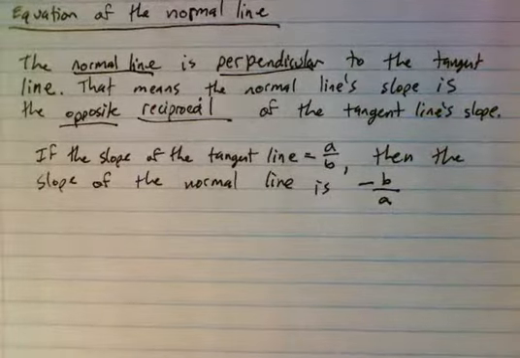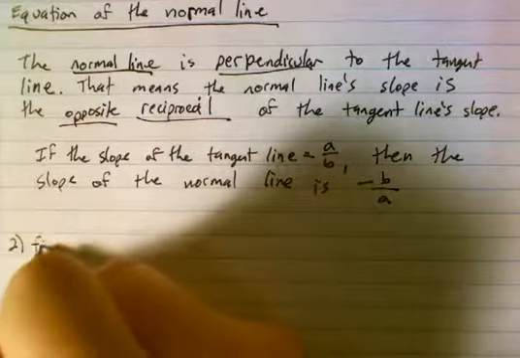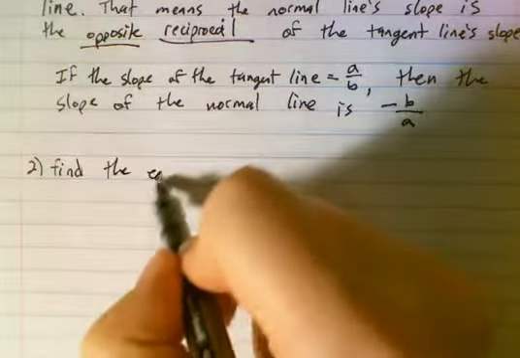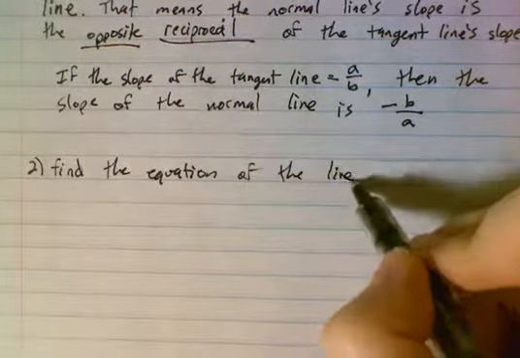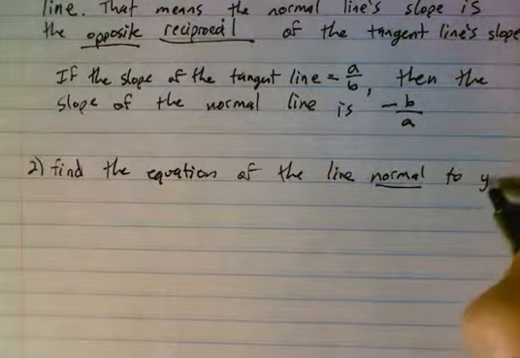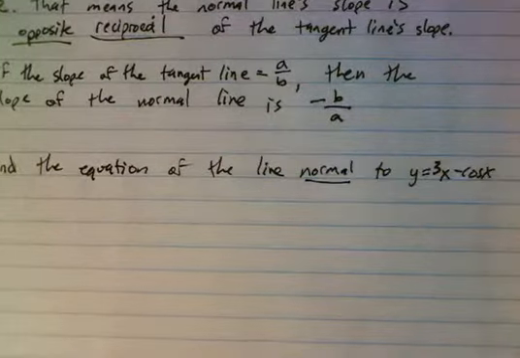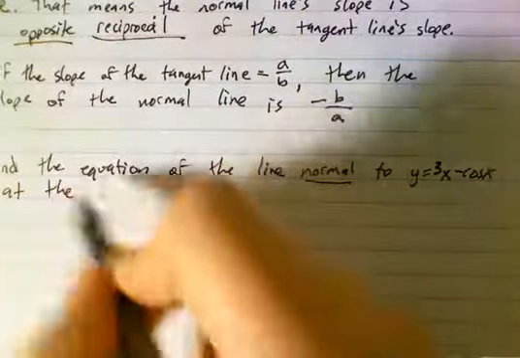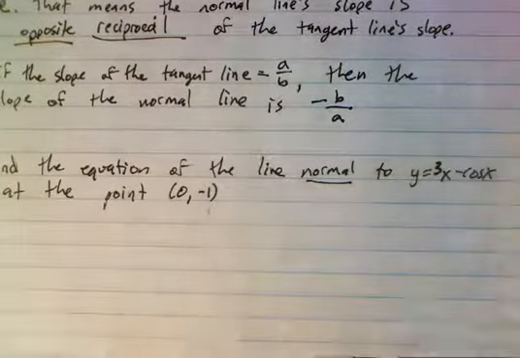Other than that, it's pretty much exactly what we just did. So let's do our second problem. Find the equation of the line normal to y equals 3x minus cosine x at the point (0, -1).